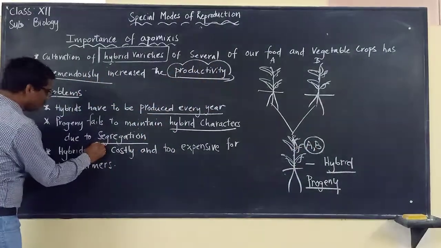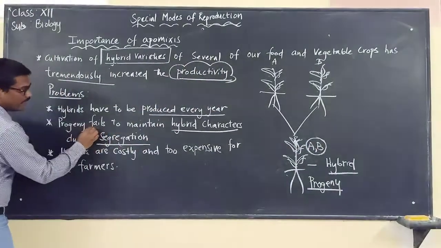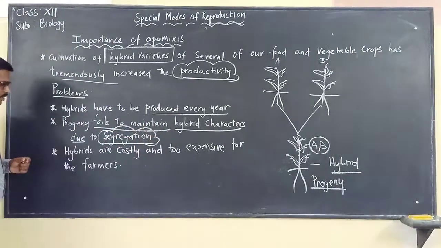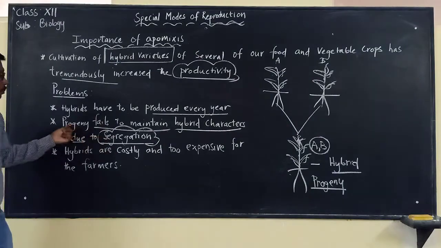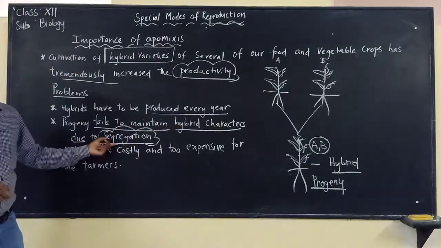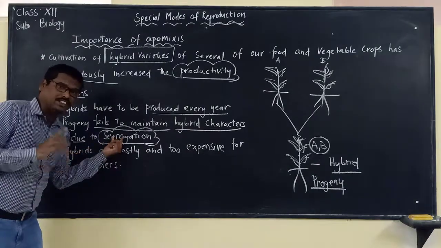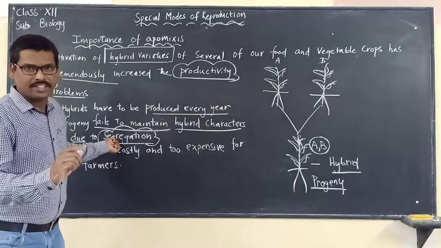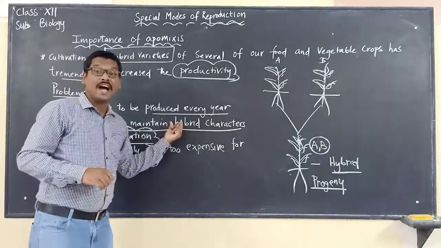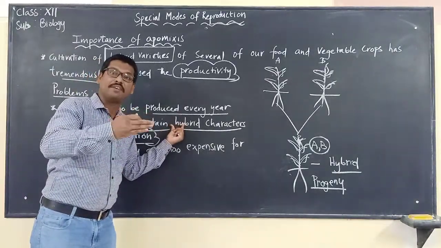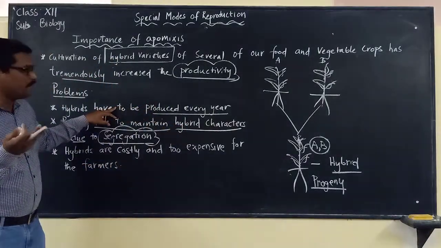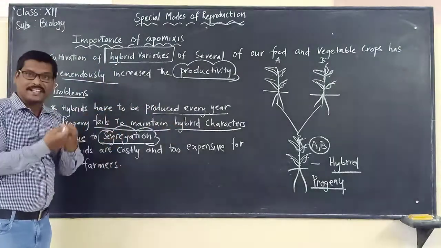It's all because of segregation. Because of segregation, it is not possible for the progeny to maintain hybrid characteristics year after year. So that's why we have to produce the hybrids every year with the desired characteristics.